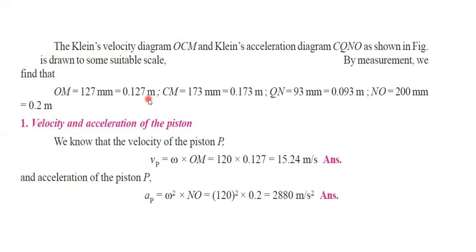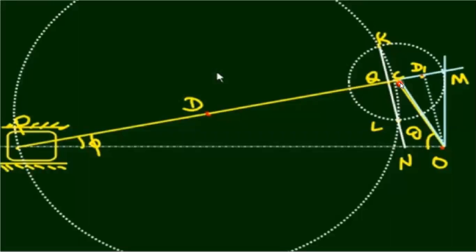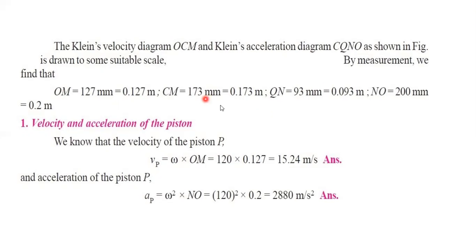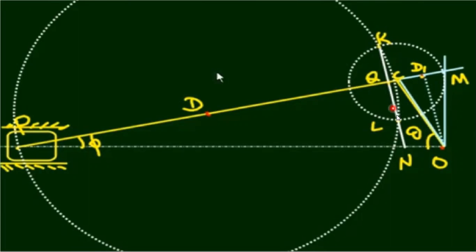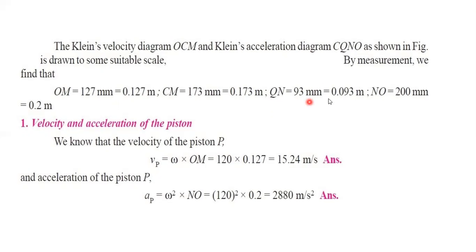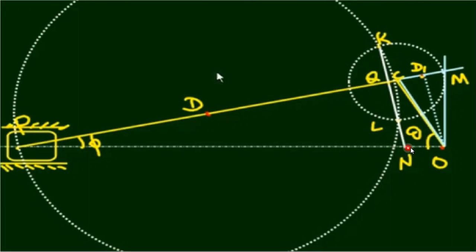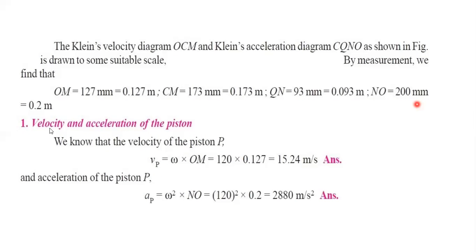Convert into meter. Next is CM. Measure CM, multiply with 50, and you will get 173 mm. Convert to meter. Next is QN. Measure QN, multiply by 50, and you will get 93 millimeter. Convert into meter. Next is NO. Measure NO and multiply with 50. You will get 200 mm. Convert into meter.